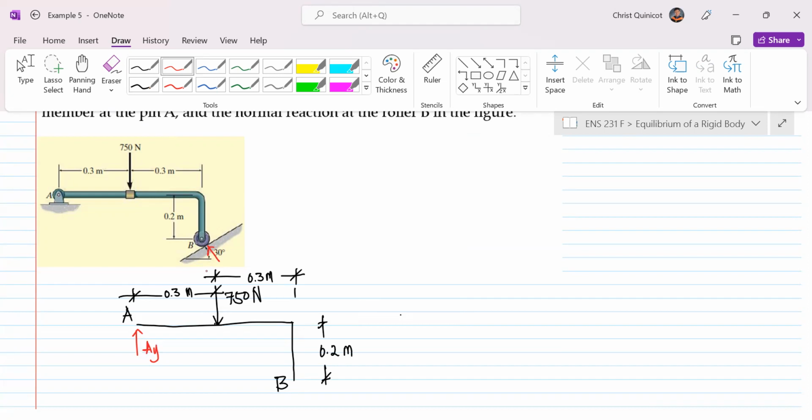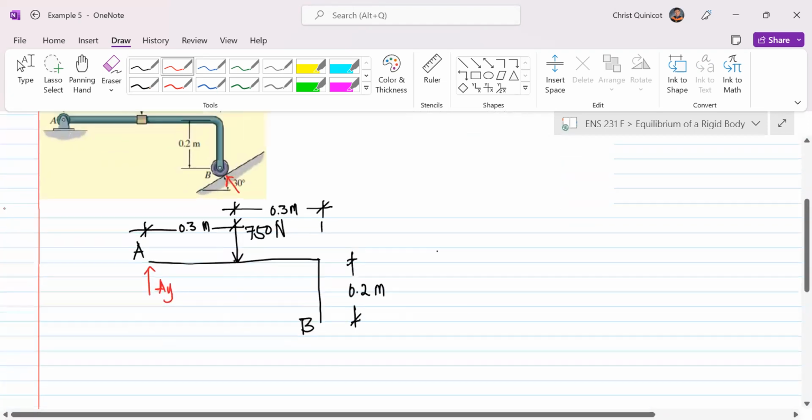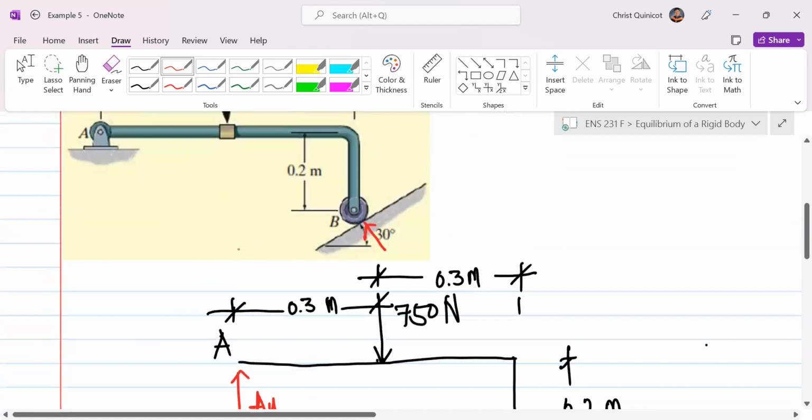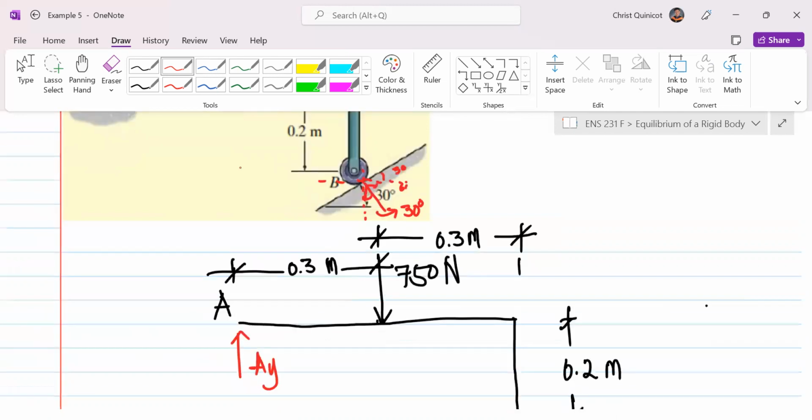And since this is 30 degrees from our horizontal, this here is also 30 degrees, because if we get another horizontal line here, this is 30, this is 60, so this is another 30 degrees.